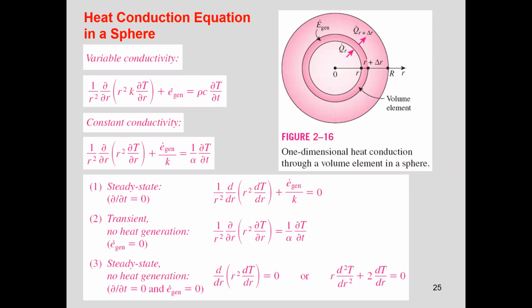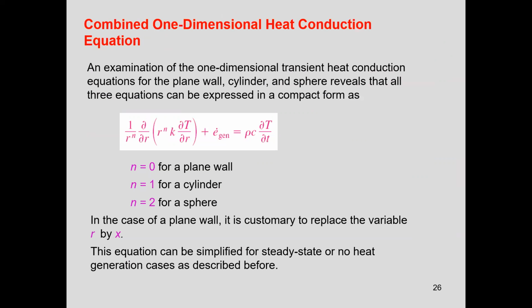We can obtain the same equation for a sphere, for variable conductivity and constant conductivity. The typical cases we can use are steady state, transient with no heat generation, and steady state with no heat generation.